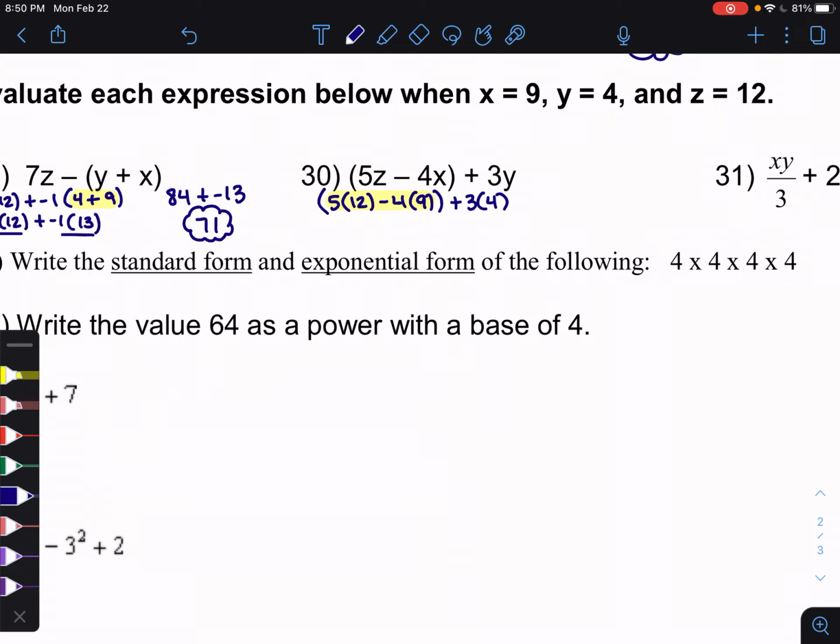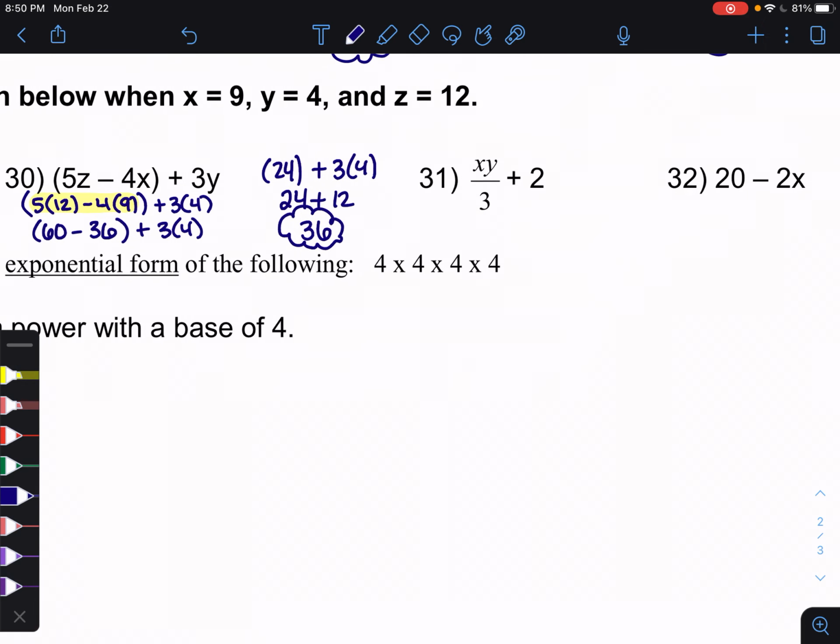So I've got some multiplication to do first. 5 times 12 is 60. 4 times 9 is 36. Plus 3 times 4. 60 minus 36 is 24. So I've got 24 plus 3 times 4. So then I've got 24 plus 12, and 24 plus 12 is 36.